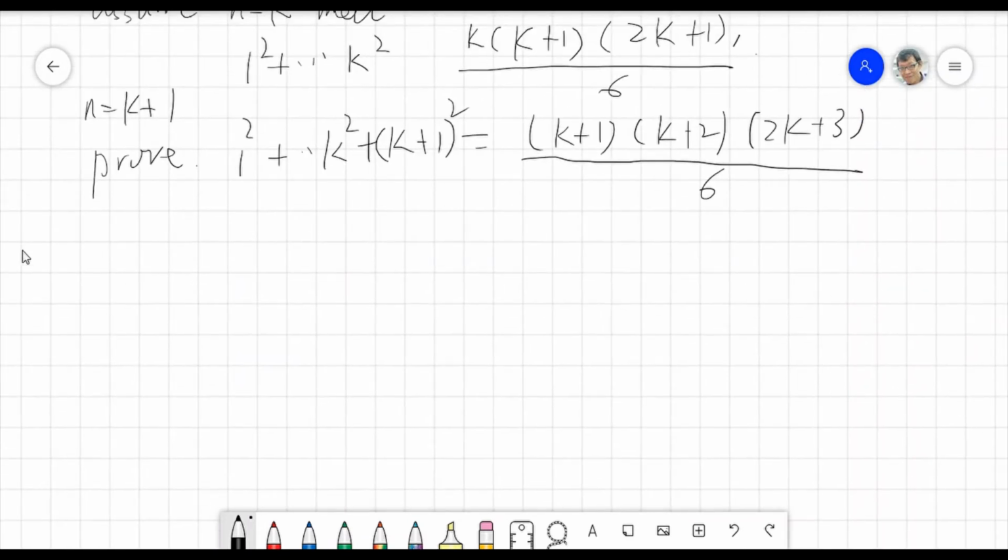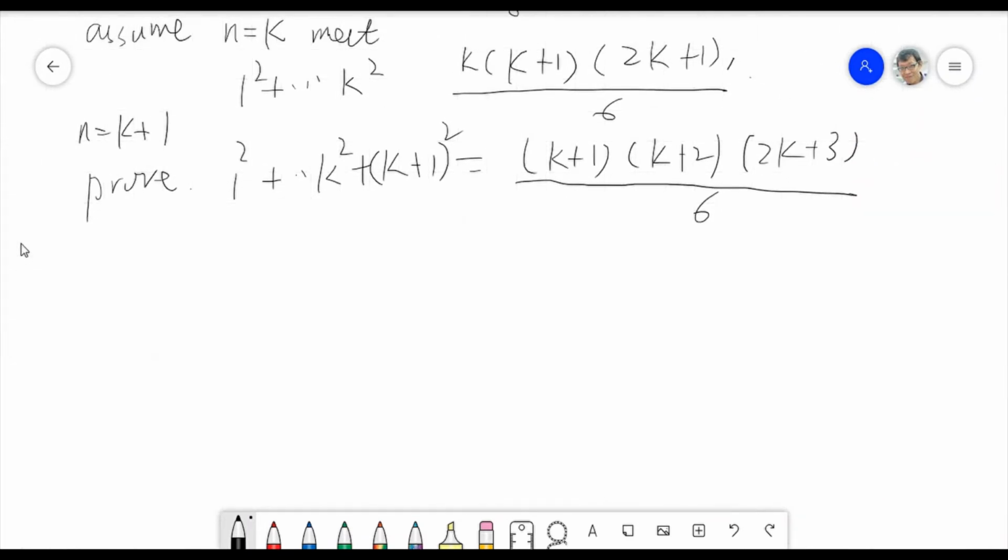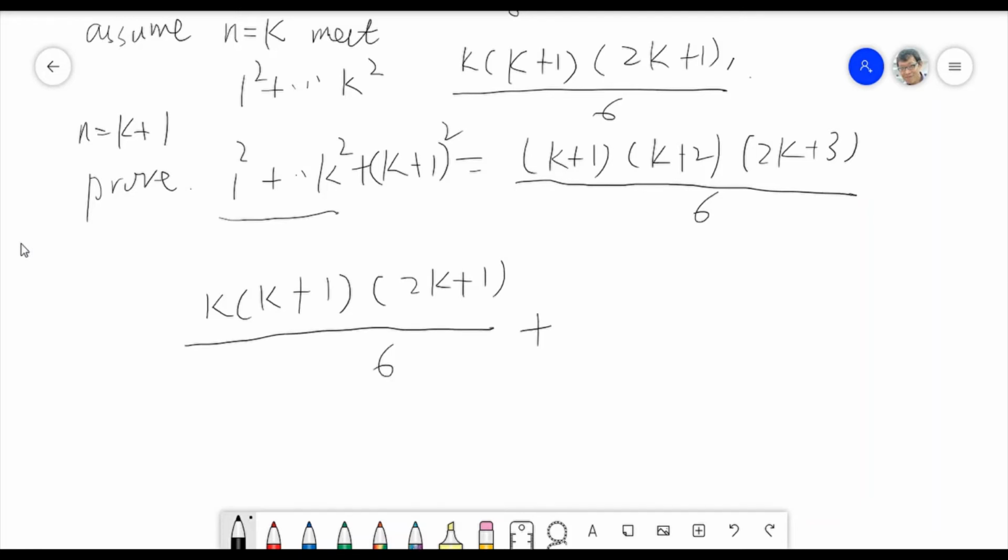Okay, so let's see. Based on this one, because we already assume it is right, we get 1 square plus up to k square is k times k plus 1, then 2k plus 1, divided by 6, then plus k plus 1 square.